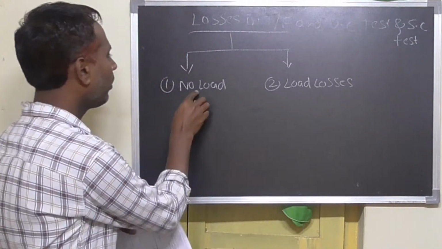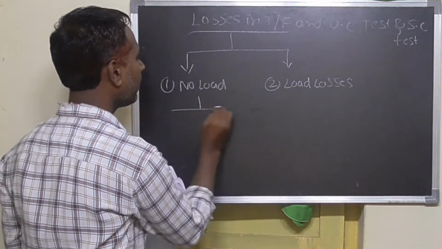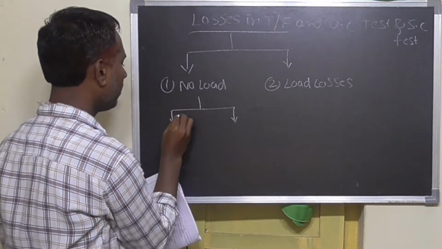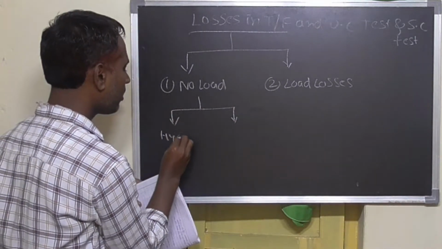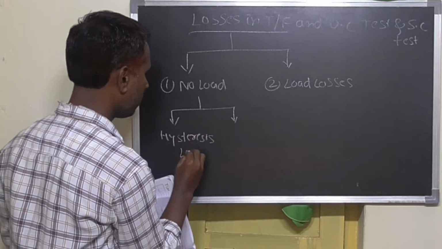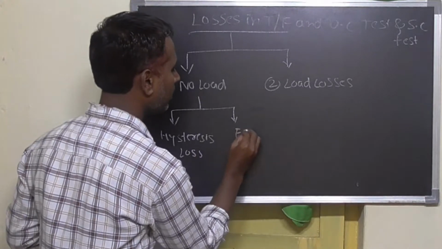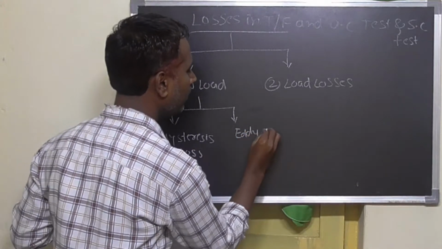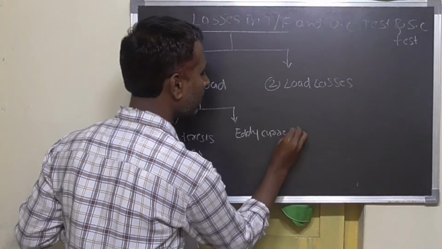In no load losses, again there are two types of losses: hysteresis loss and eddy current loss.